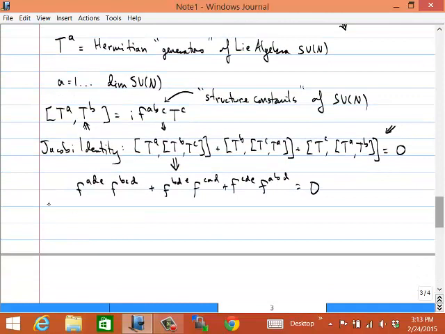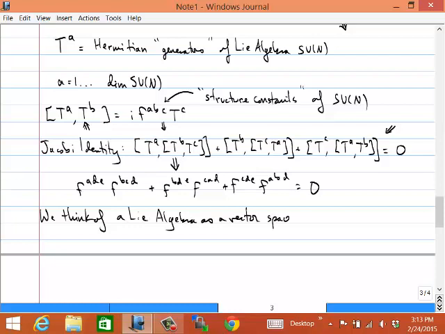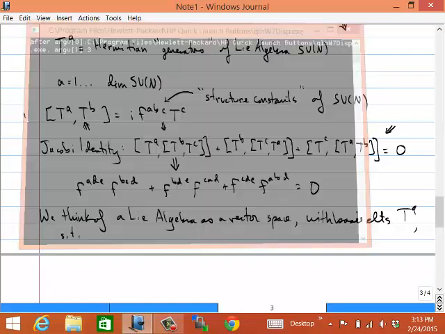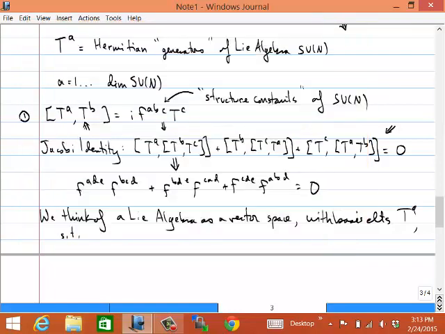But abstractly, what we do is we think of a Lie algebra as a vector space with basis elements T^A which obey a commutation rule.